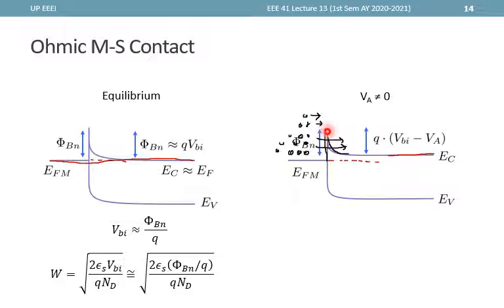So technically, this barrier is approximately not there from the point of view of the electrons, which means the electrons can easily cross the junction. And when the carriers can easily cross the junction, this device presents a very small resistance.